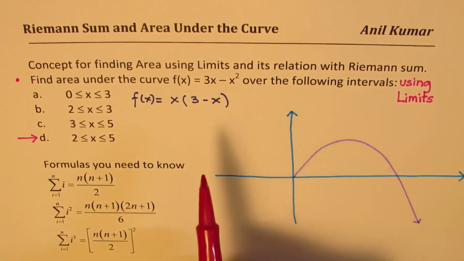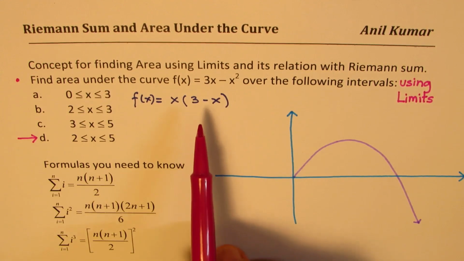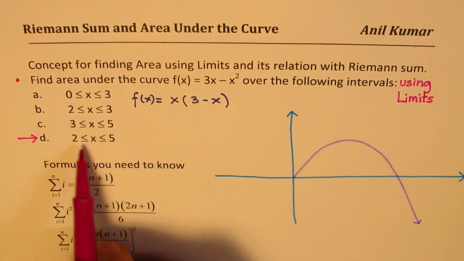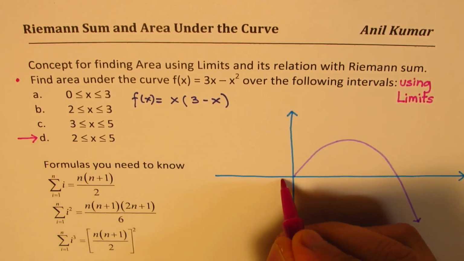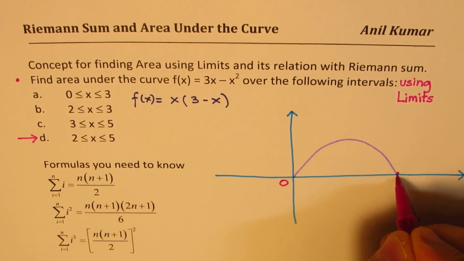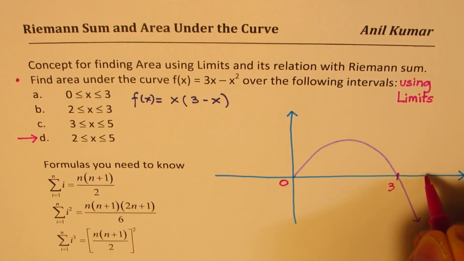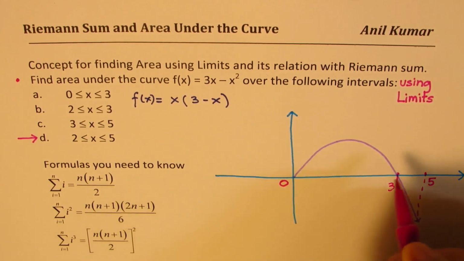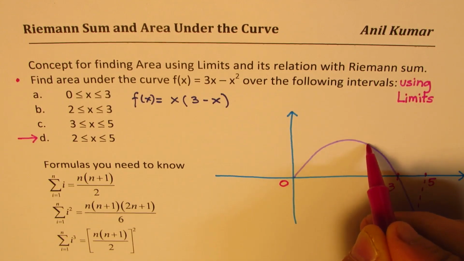Now, we want area under the curve between the interval 2 to 5. We know this point is 0 for us, this point is 3, and somewhere here we'll have 5. Let's say this is 5 for us. Okay, so let's say 2 is somewhere here.